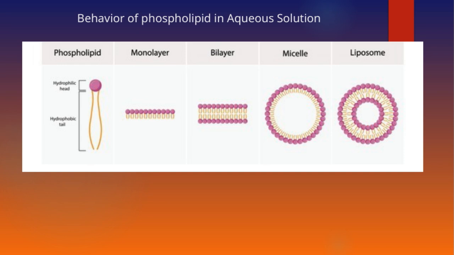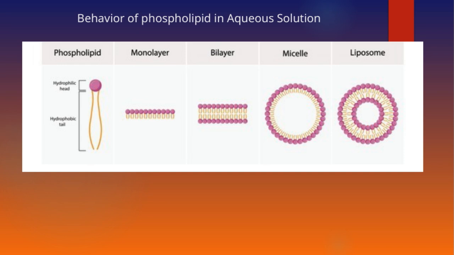This leads to the formation of structures like micelles or bilayers. In micelles, the tails are tucked inward, away from water, forming a spherical shape. In bilayers, the tails face each other, creating a double layer, which is the fundamental structure of cell membranes. This self-assembly is driven by the need to minimize unfavorable interactions between the hydrophobic tails and water.